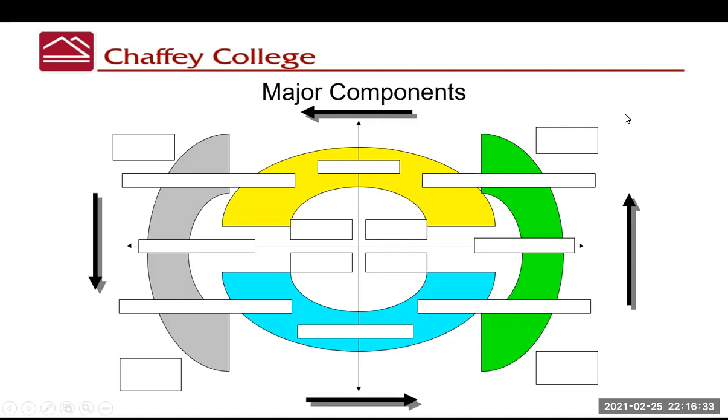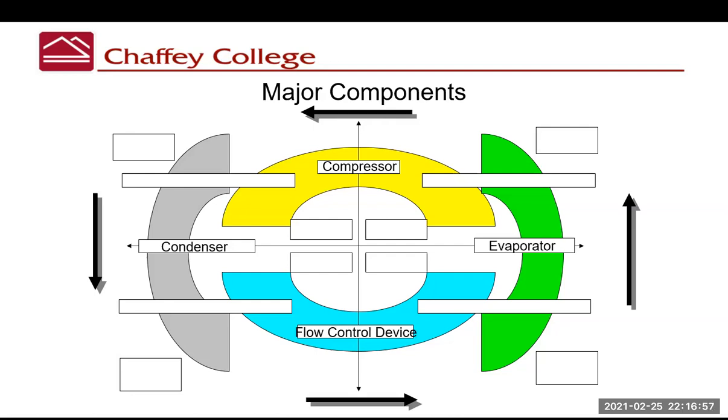We're going to start with some major components, the 4 major components of any air conditioning system. And that would be the compressor, the condenser, the flow control device, also known as a restriction device, and the evaporator.